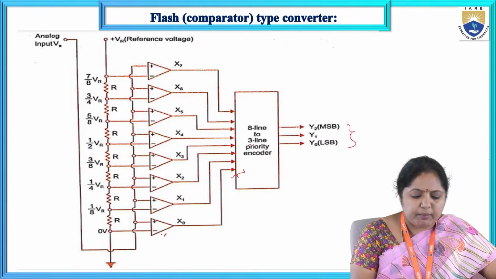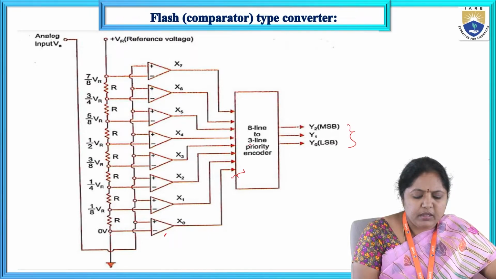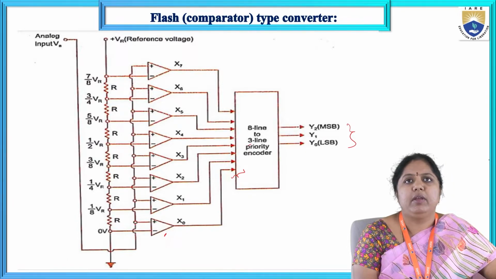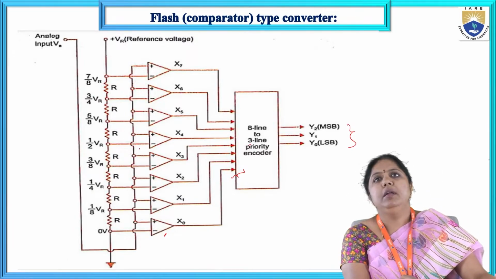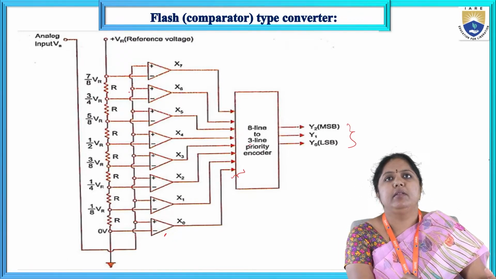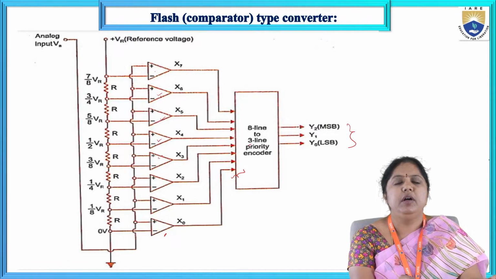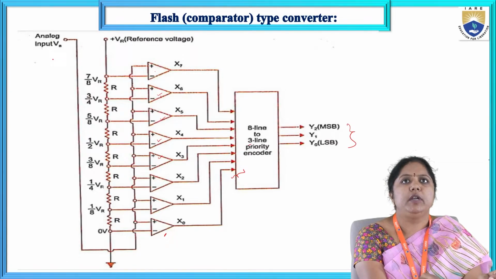So if you observe the comparator, what is the input I am giving for the comparator? Here the first comparator is given 0 volts. All the positive terminals of the comparators are given the analog input voltage VA.